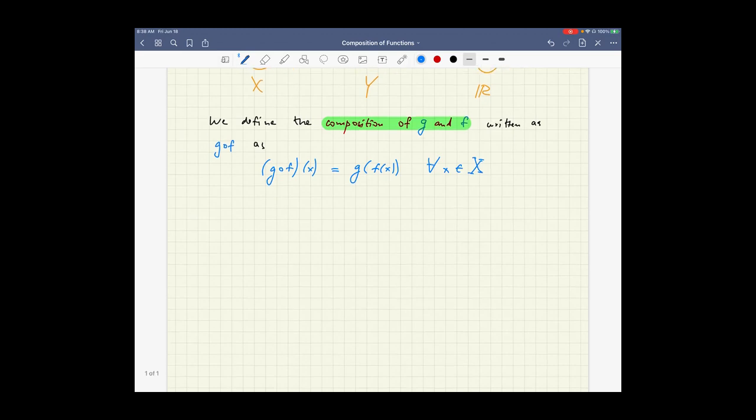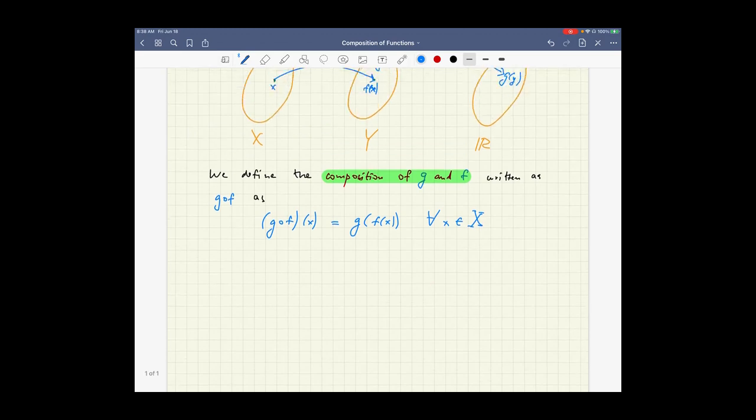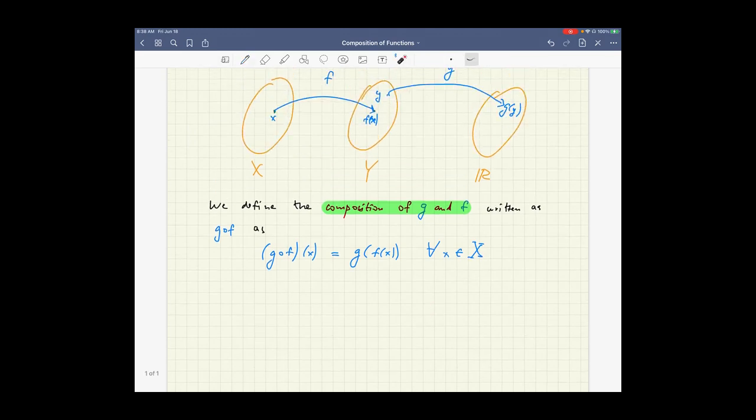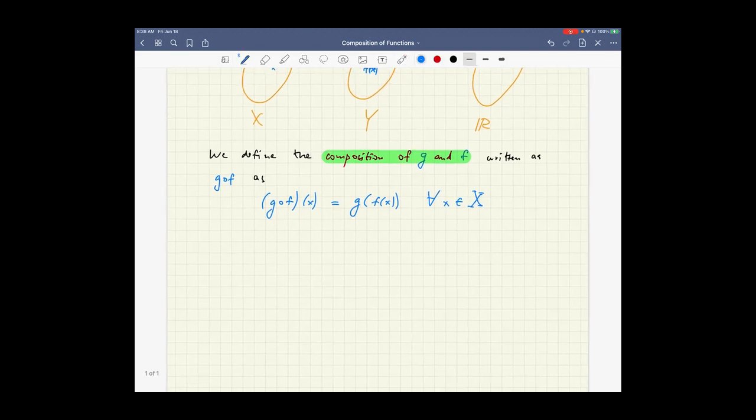Now there are some comments here for us to make. Well, first of all, of course, this only makes sense when g is defined on the image of f. That's the first comment.